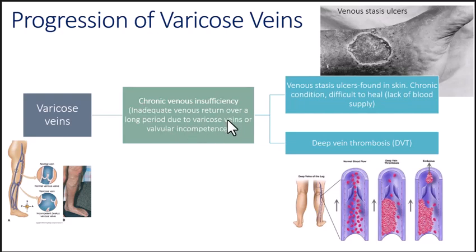It can be due to varicose veins, or somebody could have valves that just are not functioning properly, allowing for that normal return to the heart. But in any case, it can lead to, in more serious cases, venous stasis ulcers and deep vein thrombosis.